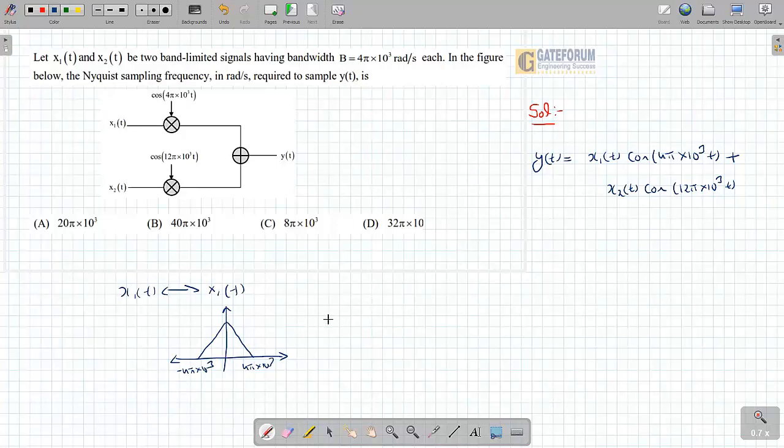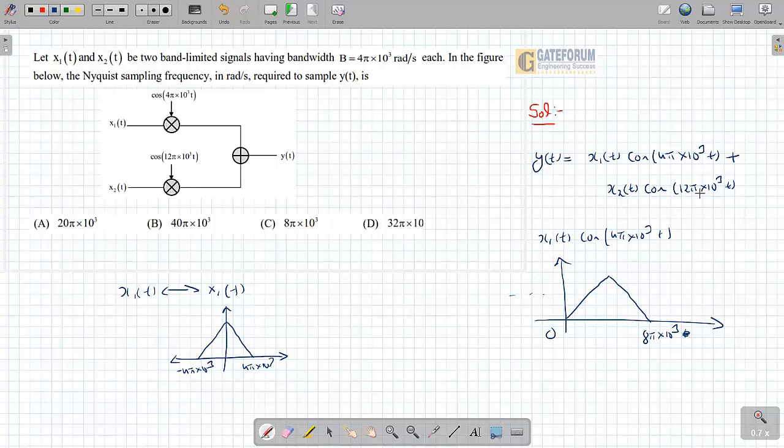Once you multiply by cos 4π×10^3 t, the spectrum gets shifted by 4π, so it will become 8π×10^3, and this is it. Of course, the other side will also be there, but we are not worried about it. We need to find out the maximum frequency.